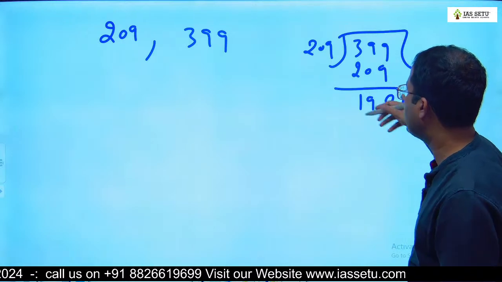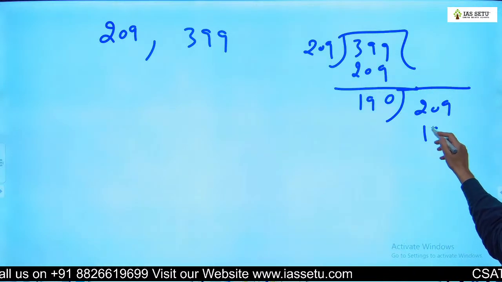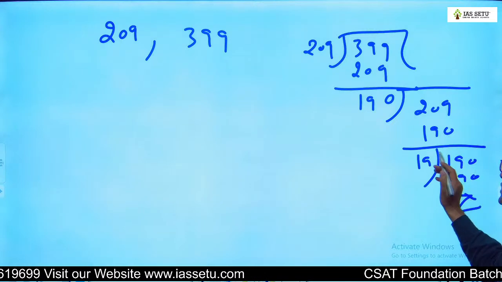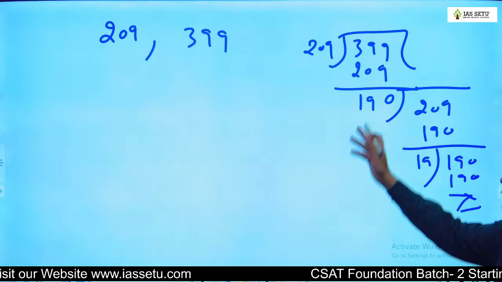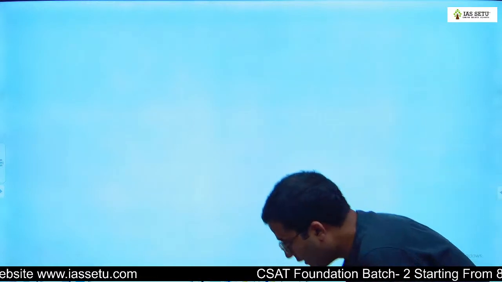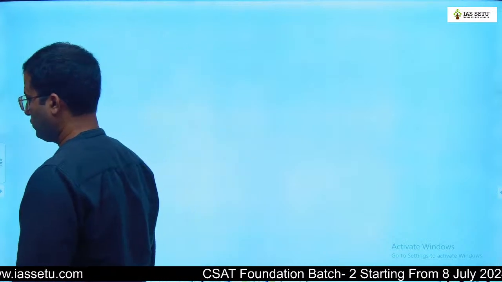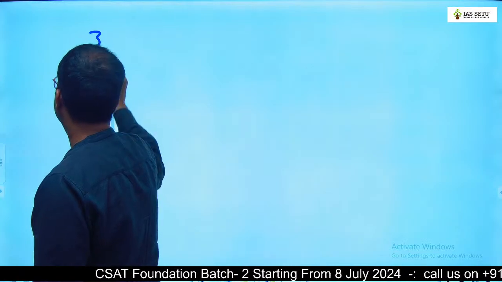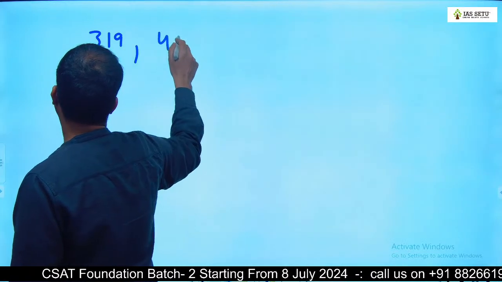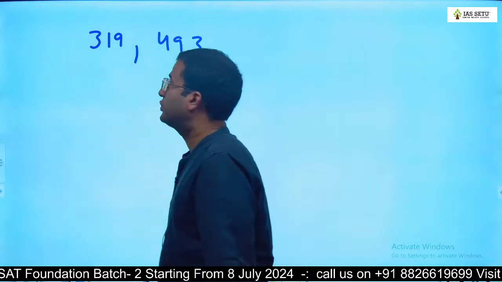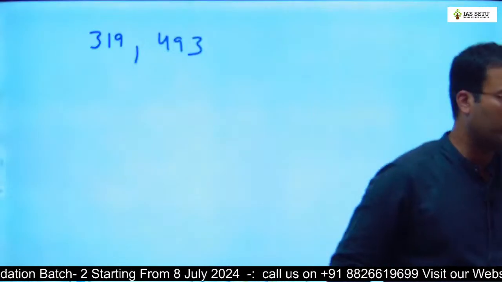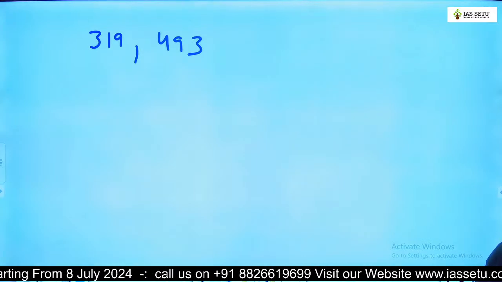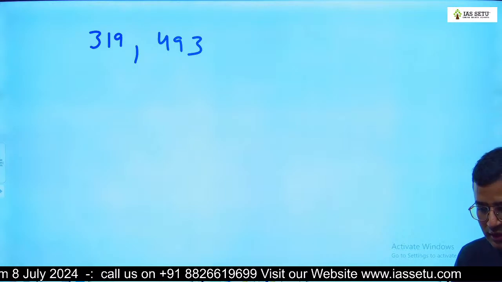So here 190 will become the divisor. Here the last divisor is 19. 319 and 490. Find the HCF of the given numbers.